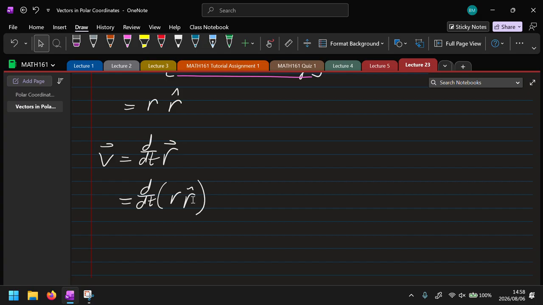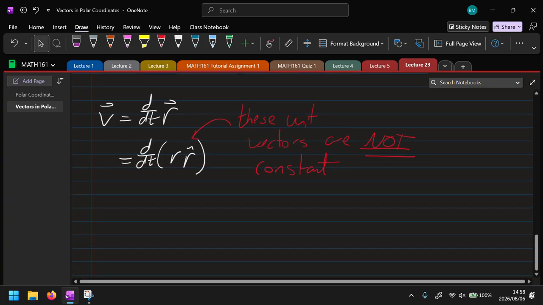Okay, these unit vectors are not constant.